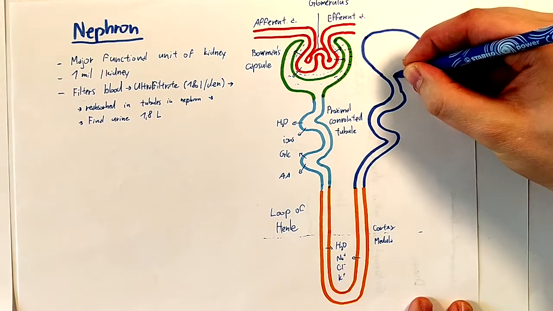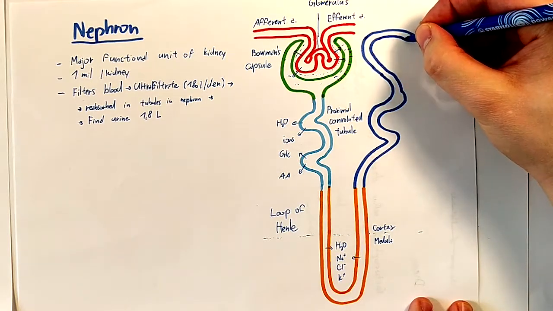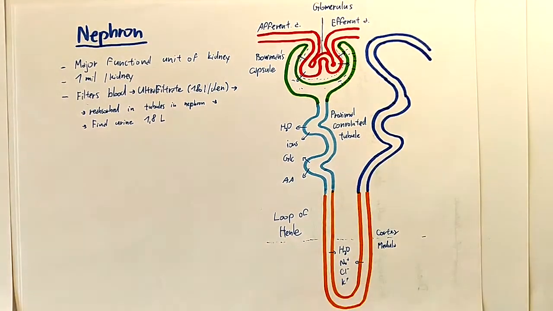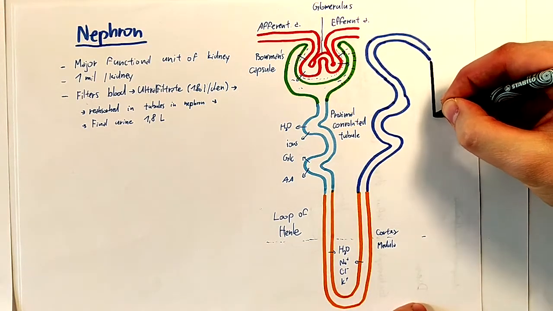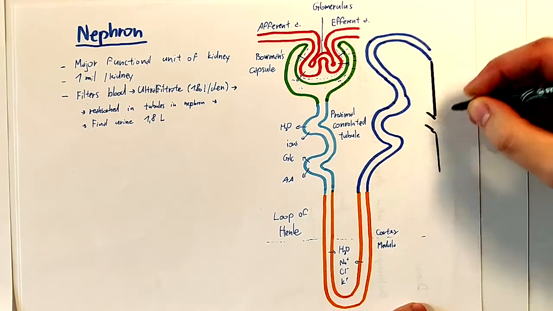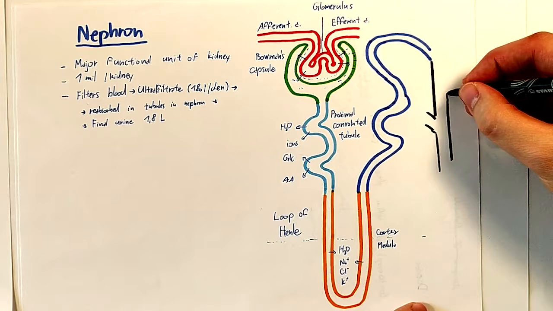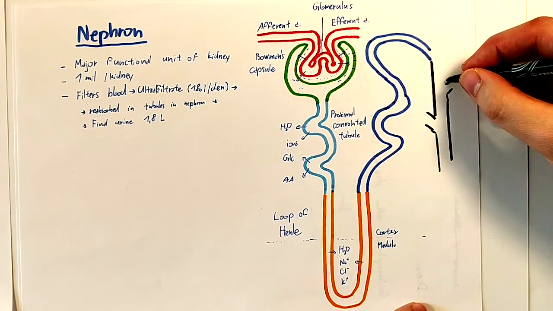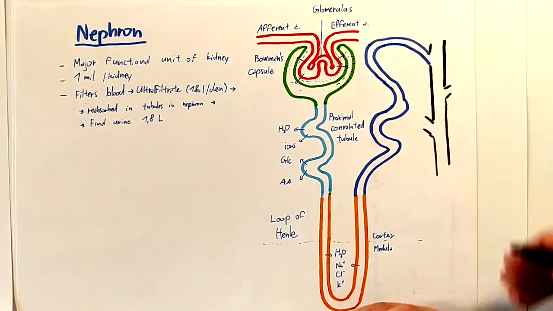Okay, and then after coming close to the efferent arteriole, it will join with the collecting duct. But the collecting duct is not part of the nephron, because many nephrons share one collecting duct. Second reason why the collecting duct is not considered part of the nephron is that actually it has a different embryologic origin.